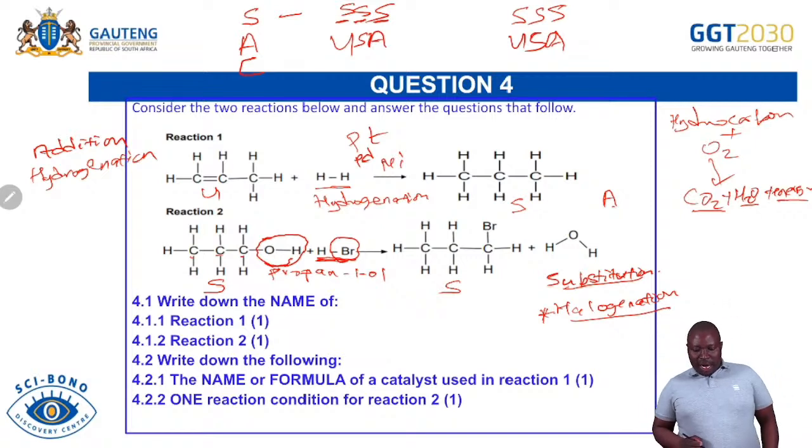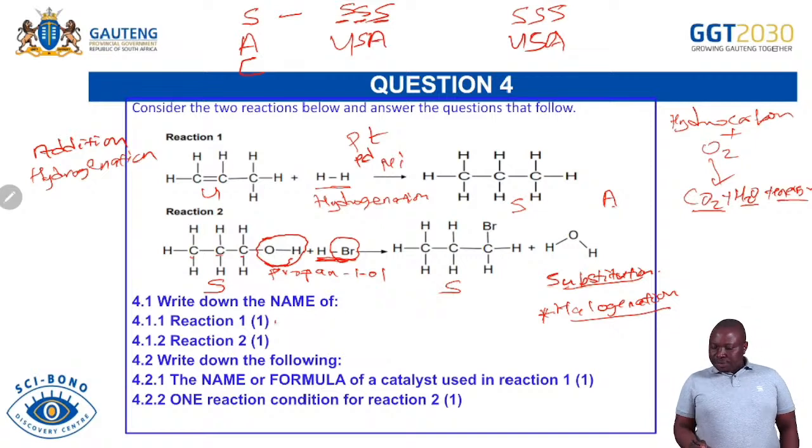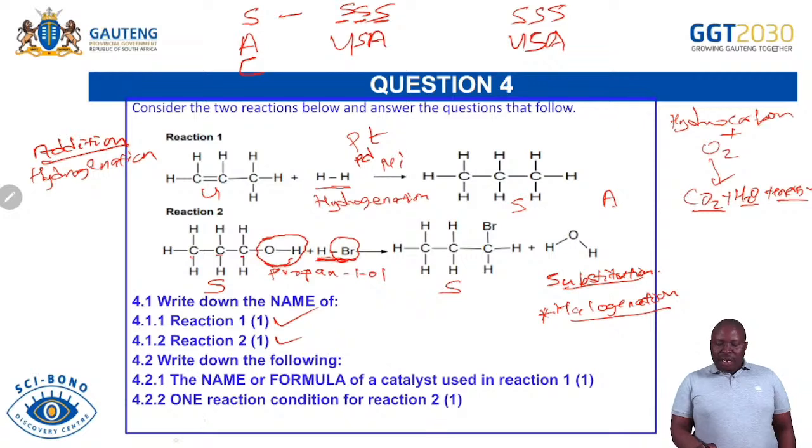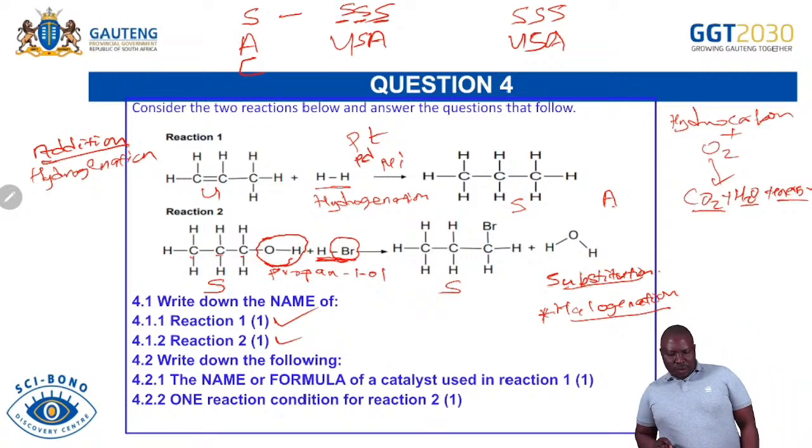Look at the questions that we're asking you now. We're saying reaction 1, write down the name of reaction 1. Already we did. We said it's addition. So you just say addition. You get a mark. What is reaction 2? We said it's substitution. You get a mark. And then write down the following. Always look at the words that are in capital letters. The ones in capital letters, we're emphasizing there.